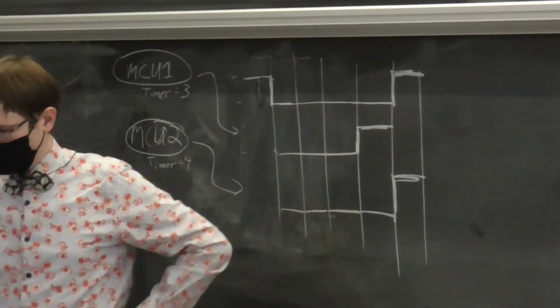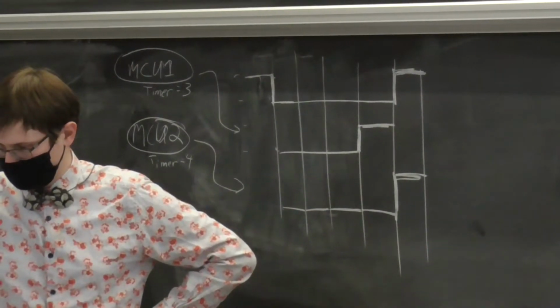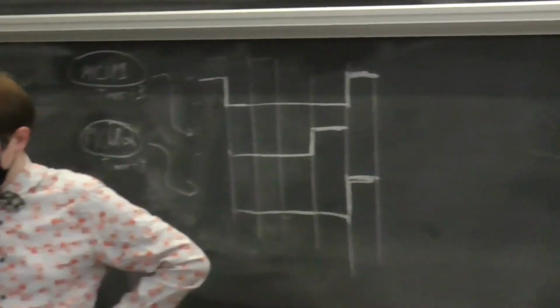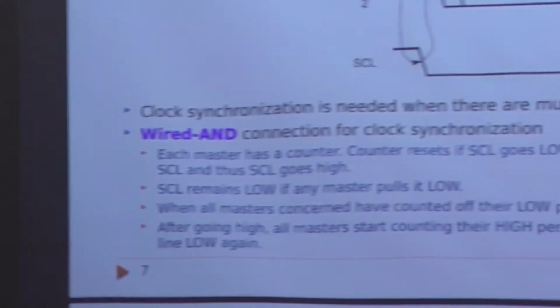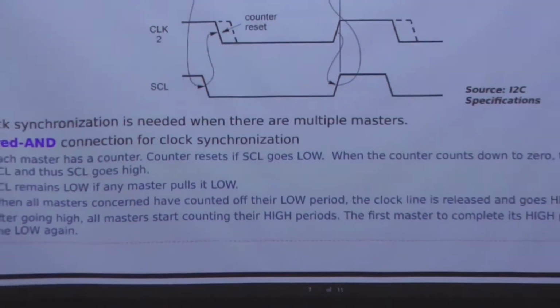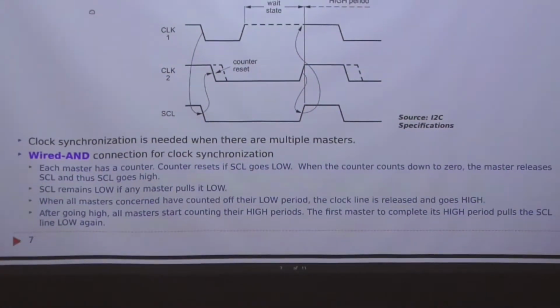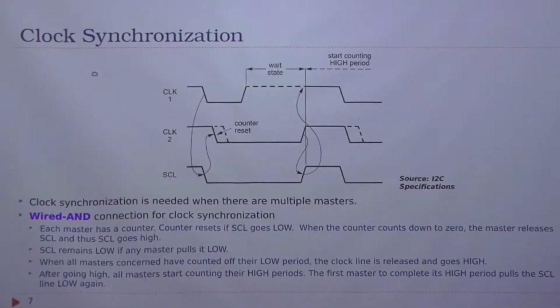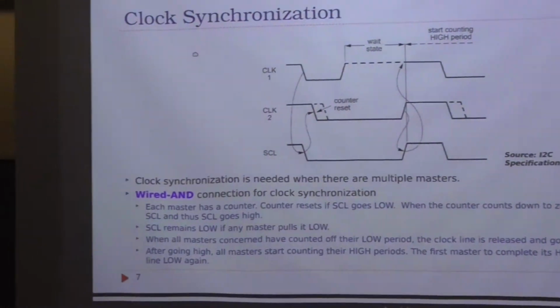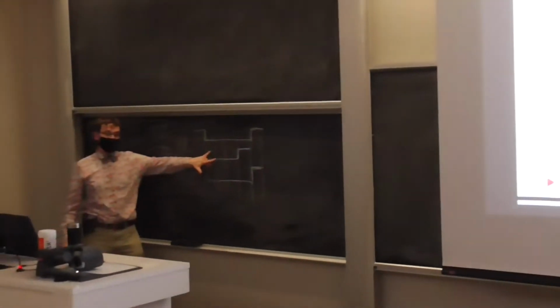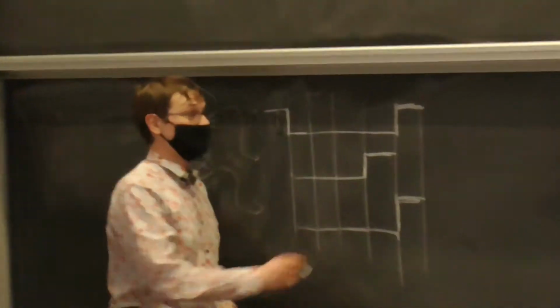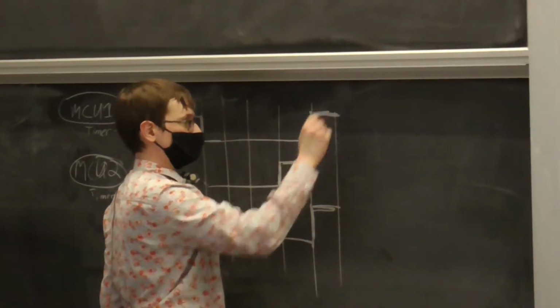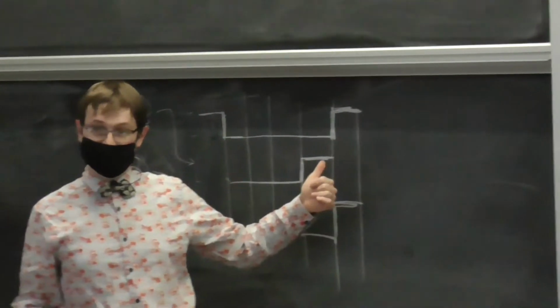Good. So, when all masters concerned have counted off their low period, the clock line is released and goes high. After going high, all masters start counting their high periods. The first master to complete its high period pulls the line low again. So, similarly to this process, the same process happens once we go into a rising edge transition.